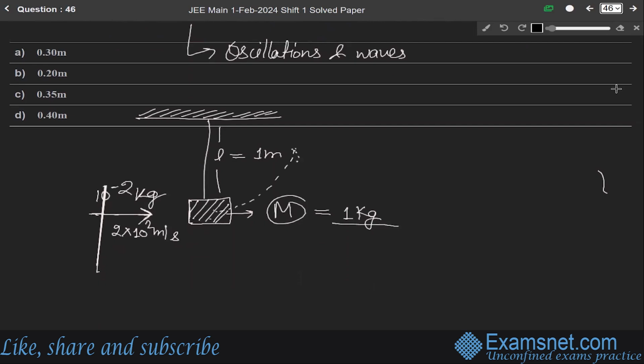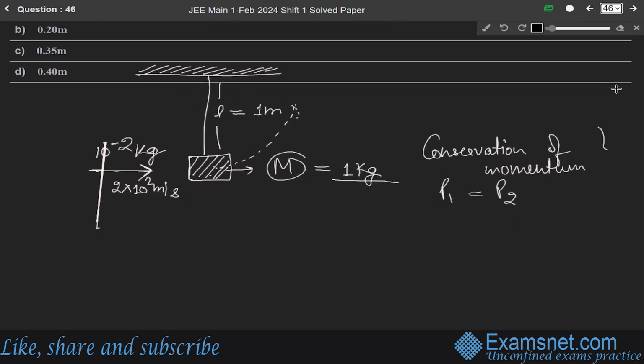So now in this question we will use the conservation of momentum. The momentum before the bullet gets embedded into the block and after it gets embedded must be the same. So using conservation of momentum, P1 must be equal to P2, that is, initial momentum must be equal to final momentum.